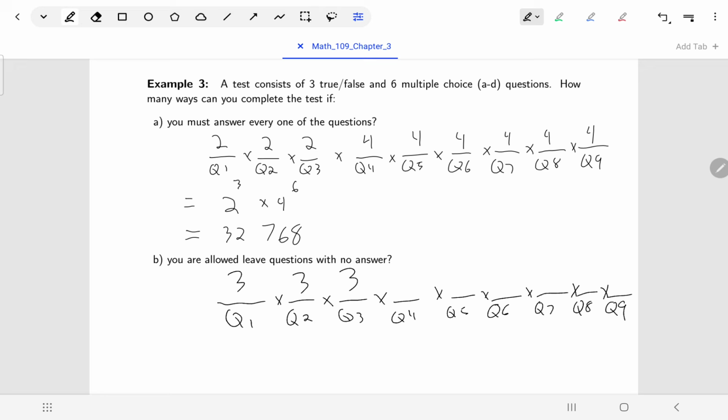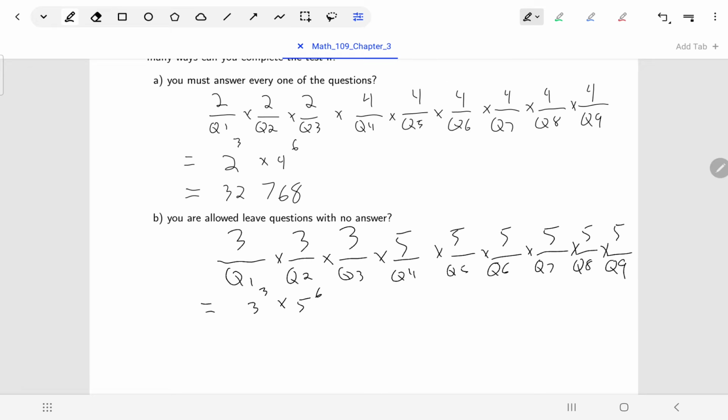And then finally, for the multiple choice questions, now instead of 4 options, you've now got 5 options, because you could answer A or B or C or D, or you could just say nothing. So we would have 5 options for each of those 6 multiple choice questions. So you could write that as 3 to the power of 3 times 5 to the power of 6.